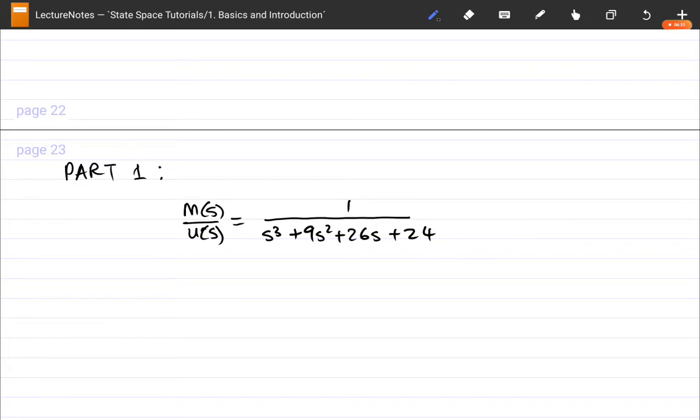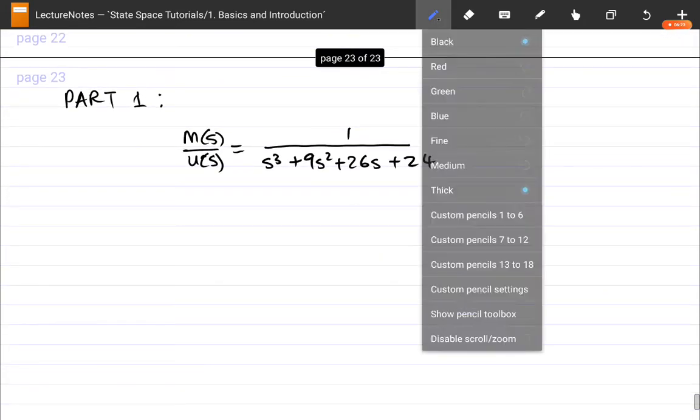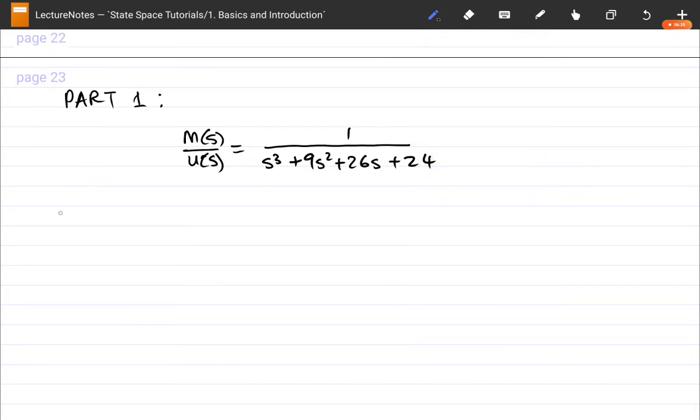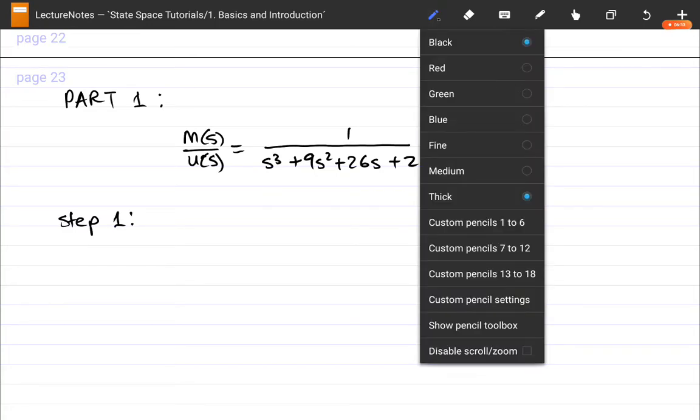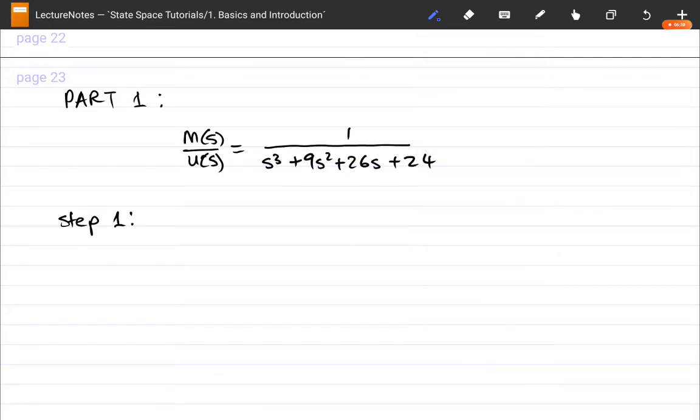Sorry about that. Okay, so now we can go with our steps. Step 1 was that we must first linearize this transfer function so that we can apply the inverse Laplace transform. I'm just going to use the blue pen.